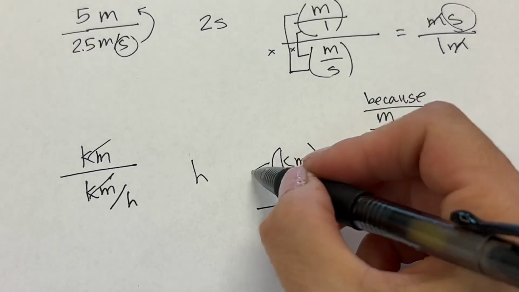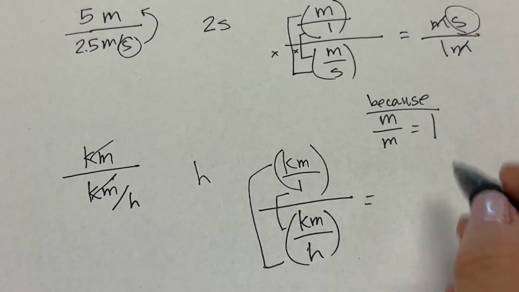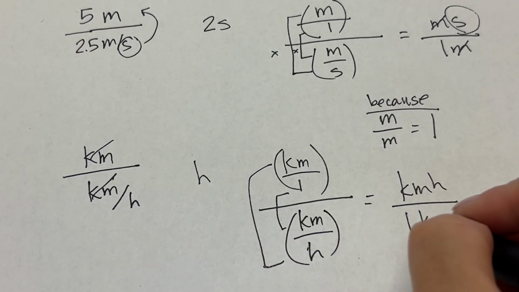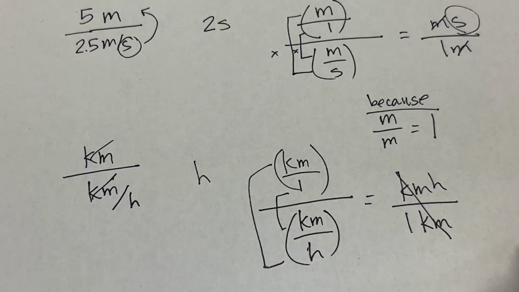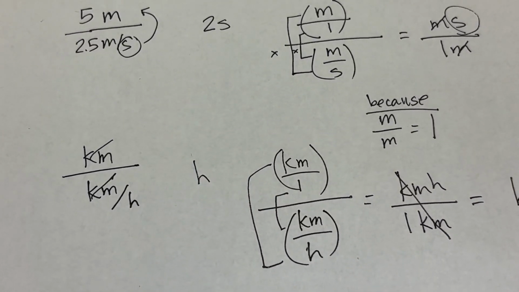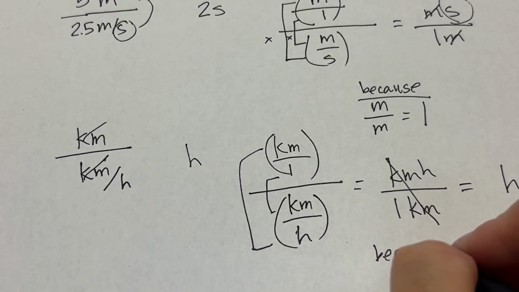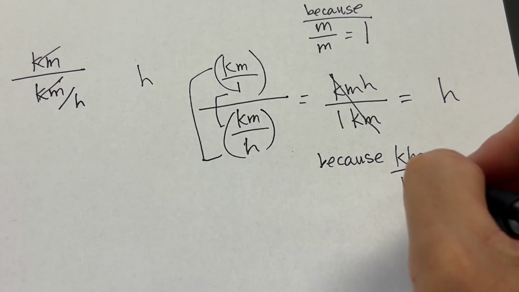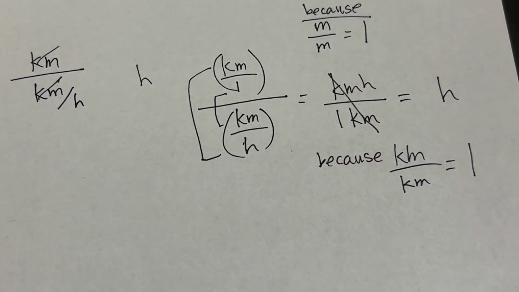And what that would do is outside over inside, kilometers times hours divided by 1 kilometer, kilometer over kilometer equals 1. You end up with an hour, okay? And that is because kilometer divided by kilometer equals 1, okay?